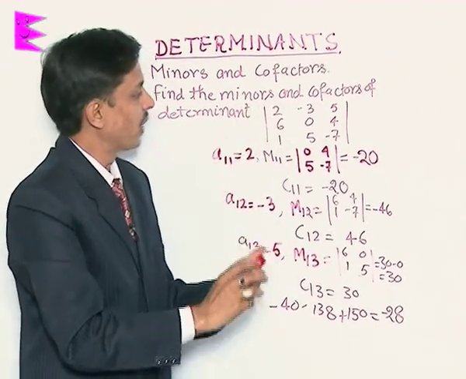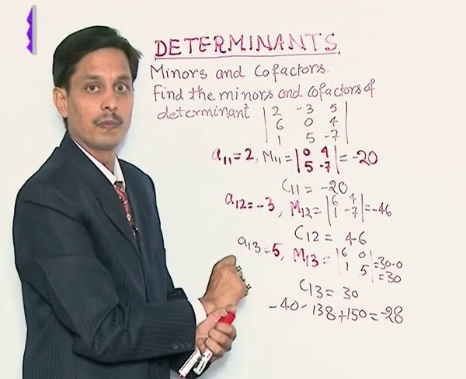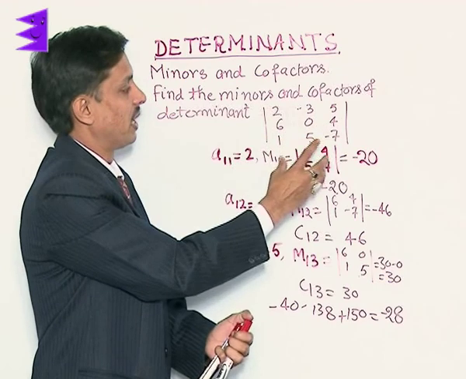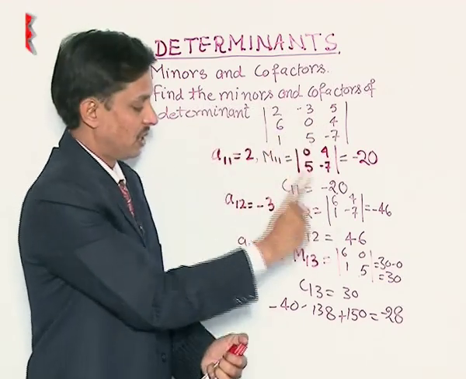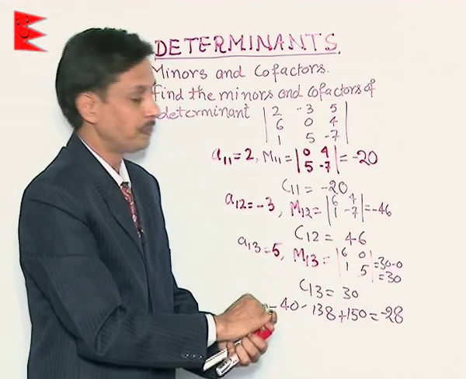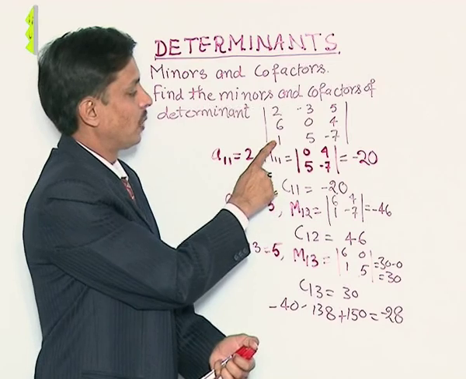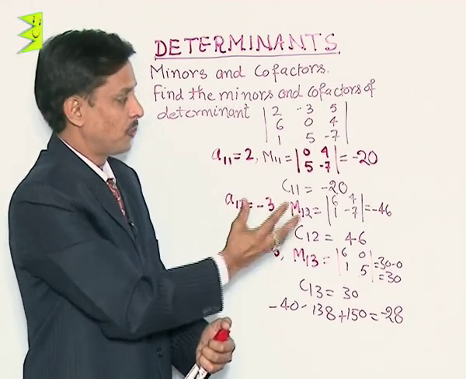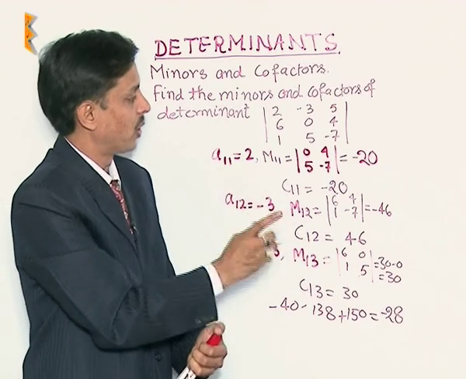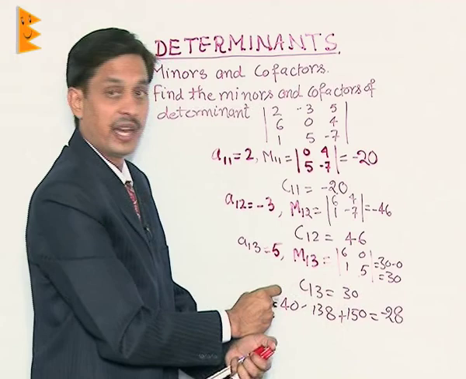This minus 28 is the value of the determinant of this entire matrix. And I would also like to tell you, if you obtain the cofactors of 6 0 and 4, multiply those cofactors with 6 0 and 4, and sum up, the result will again be minus 28. If you calculate the cofactors of 1 5 and minus 7, obtain the corresponding products of cofactors and elements and sum up, you will get minus 28.